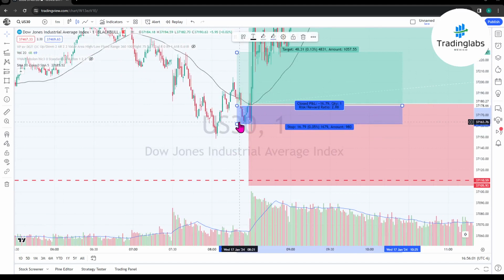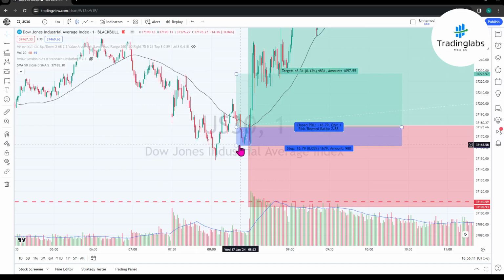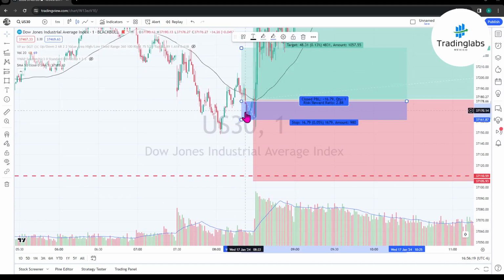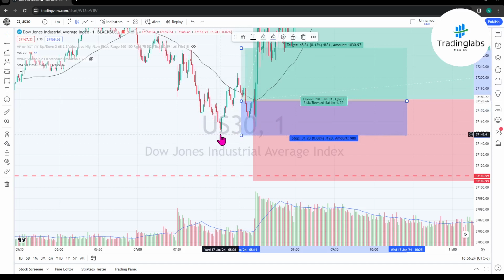And here, according to this new low, I was willing to lose, as you saw, $67. But I do not hold it until here. Never, never, never. Or if the M1 made a new swing low, I do not hold it until here.